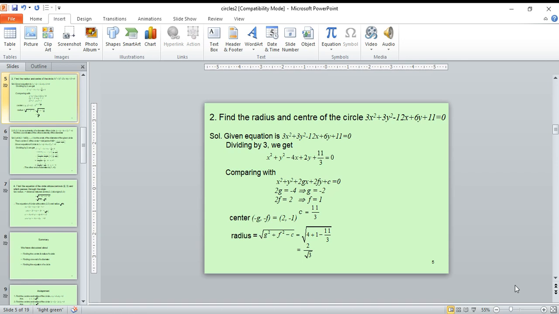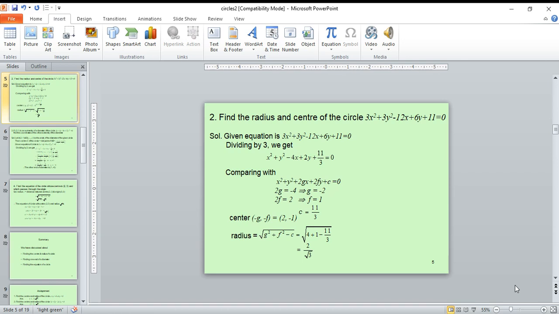We get x square, y square, minus 4x, plus 2y, plus 11 by 3 equal to 0.